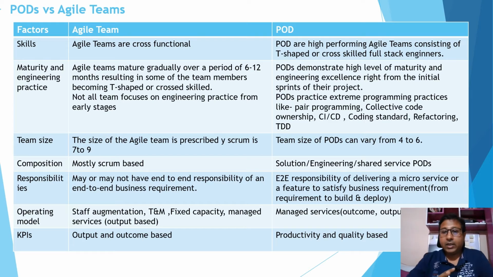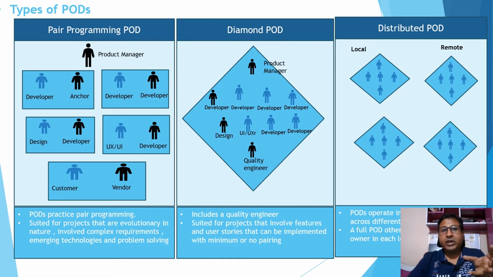I hope this gives you the perspective of what you should expect when you are forming a pod, or what you should expect when you are forming any other teams, right?